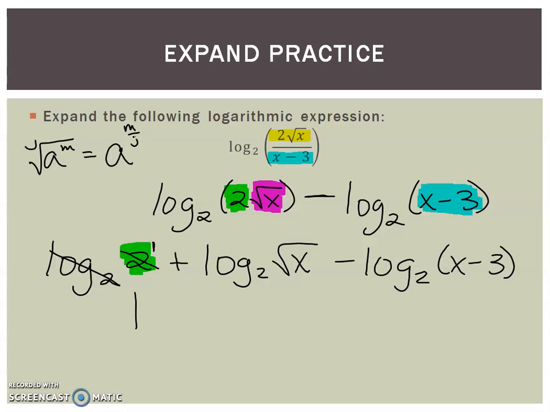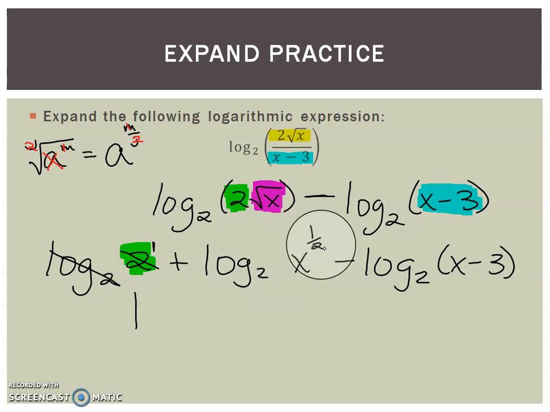So if I'm dealing with a square root, even though it doesn't write it, that means that there's a 2 out here. My a is just an x, and that x is to the first power. So my m is a 1 and my j is a 2. So square root is to the 1/2 power. So this square root of x, I can rewrite as x to the 1/2 power. So I look to simplify. I did that here.